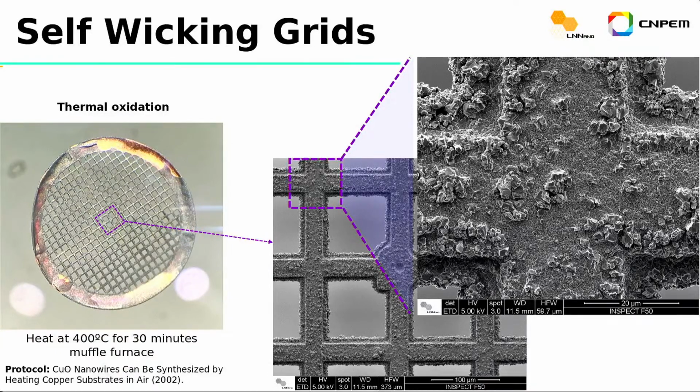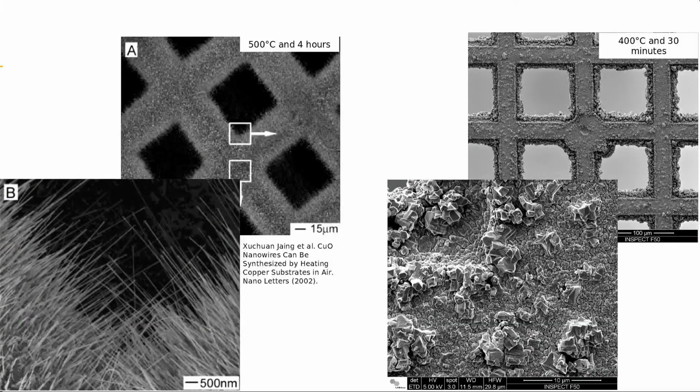We didn't succeed. Together with that, we are working on chemical methods, but the grids were carbonizing, so there are no nanowires at all, just some rugosity. That was what was supposed to happen, and that was what we got. So we are almost there, as a friend of mine used to say.